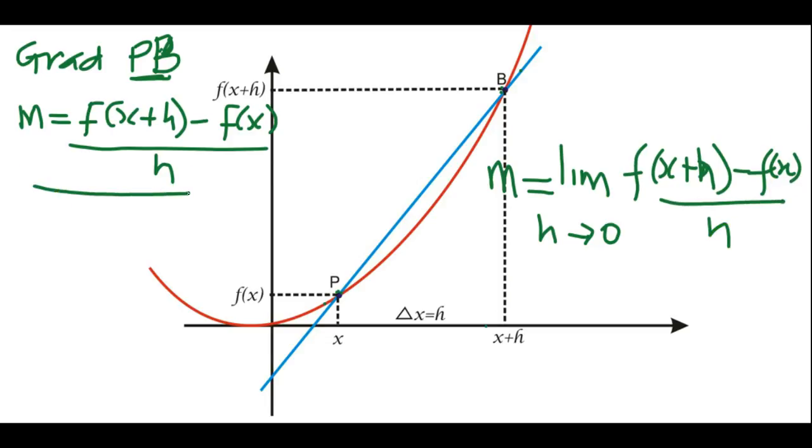But because P is approaching B and h is approaching 0, it will be defined as the limit as h approaching 0 of f of x plus h minus f of x over h. And so if P moves to B and h approaches 0, then our gradient is not going to be like this again, but it's going to be defined in terms of a limit, because as P is moving to B, h is approaching 0, and that defines the limit.